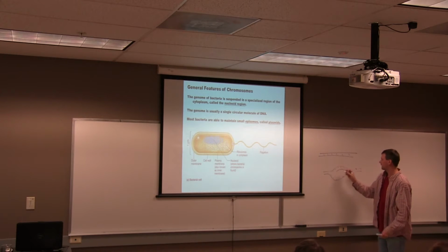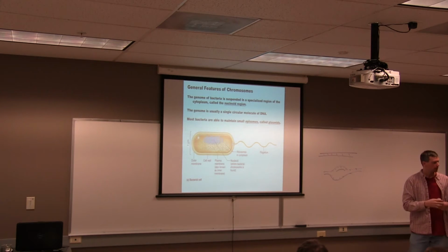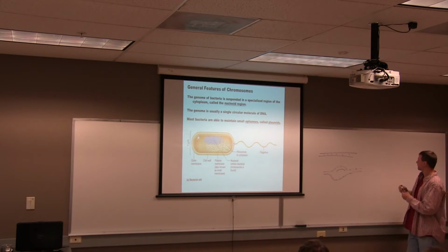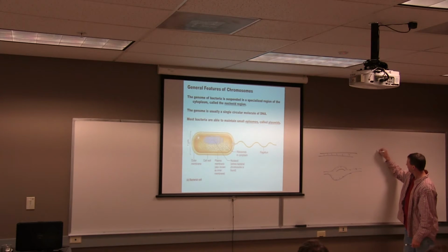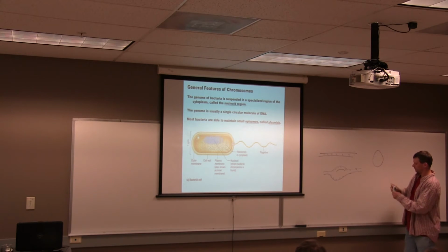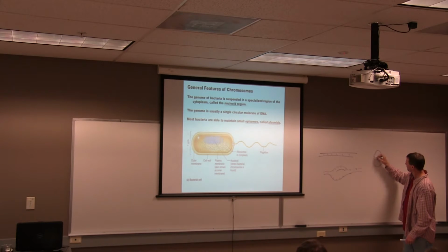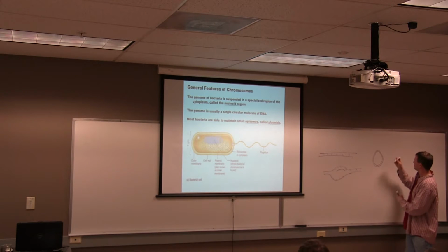So the copies get made, and ultimately what you're left with, because the genome of the bacteria is circular, you wind up with the original strand here and a copy. And you wind up with an original strand here and a copy.